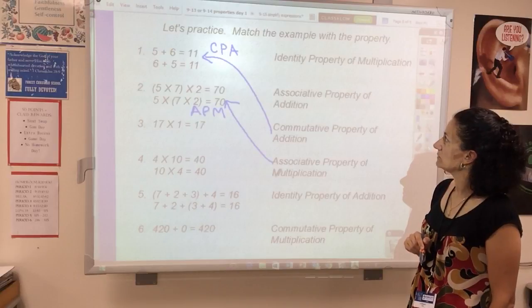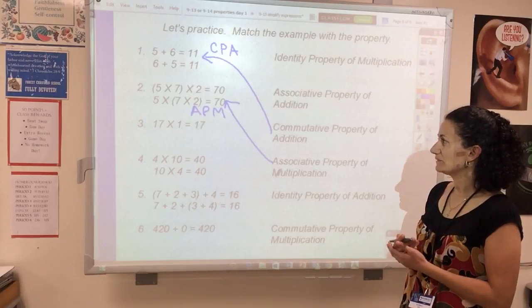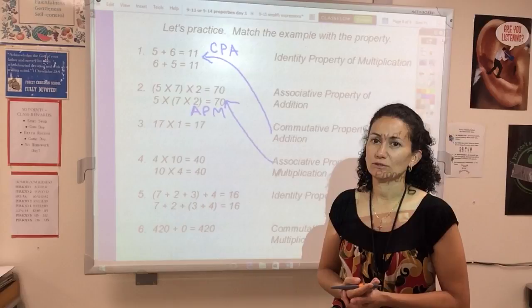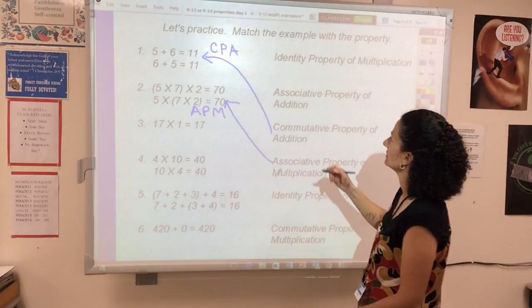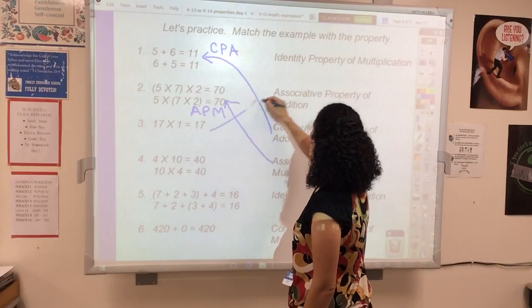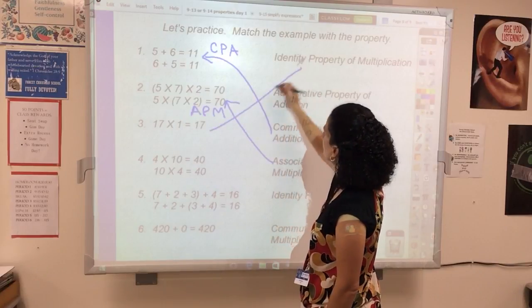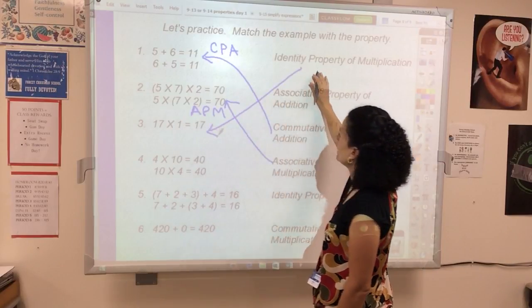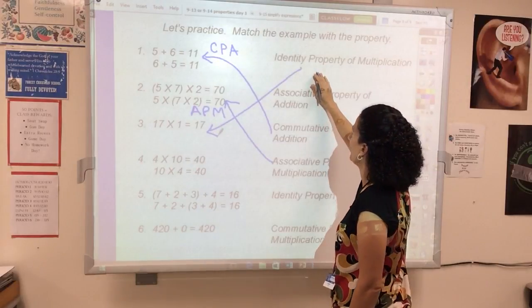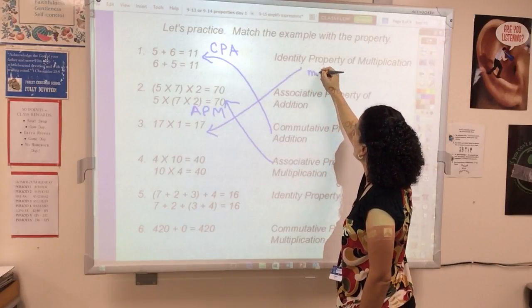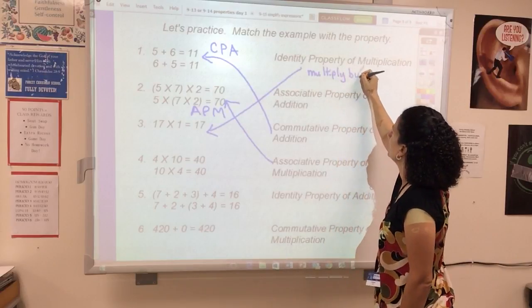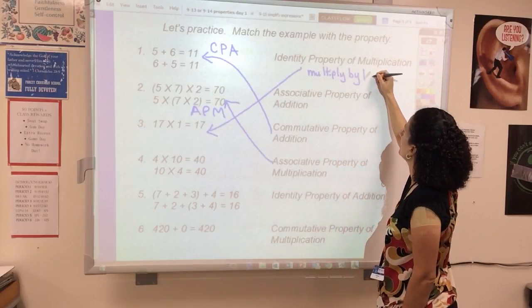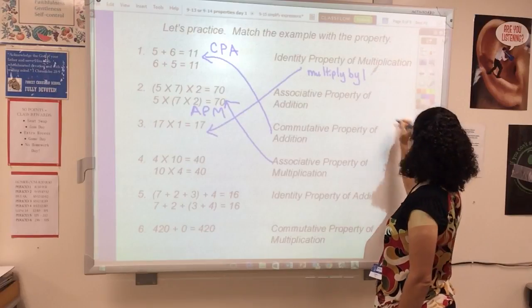17 times 1 equals 17. This is one that you probably had to use the process of elimination to figure out, since we didn't talk about the identity property of multiplication. The identity property of multiplication says that when you multiply a number by 1, you get the same answer.